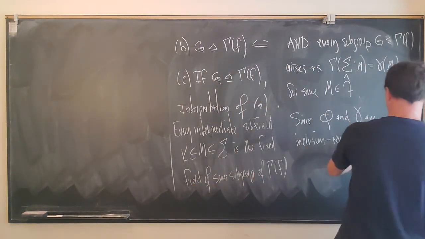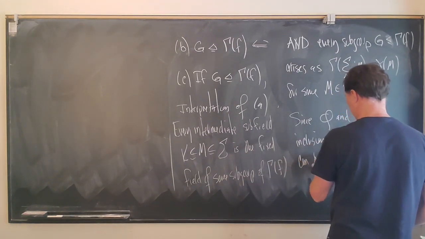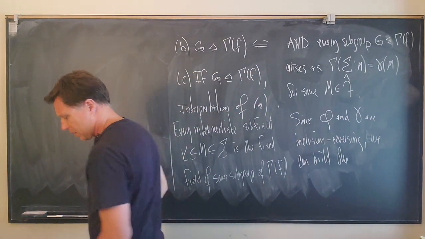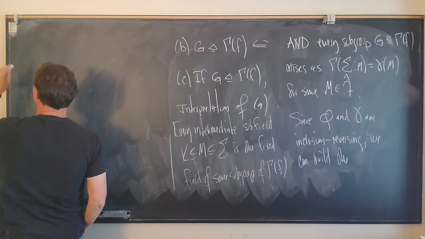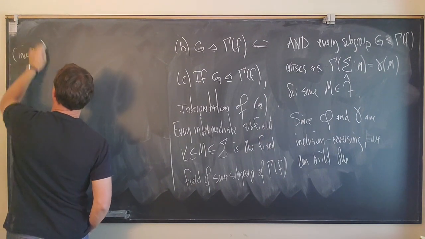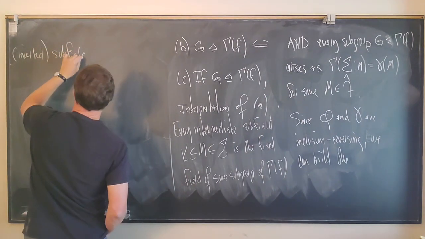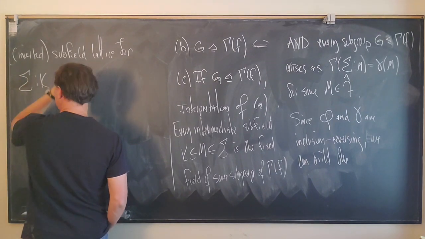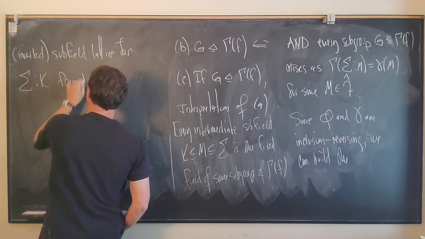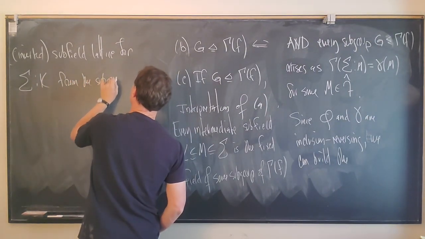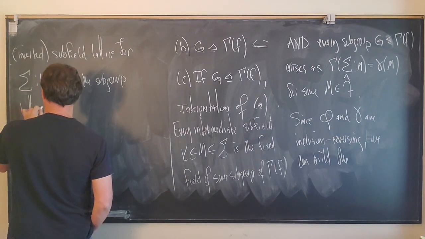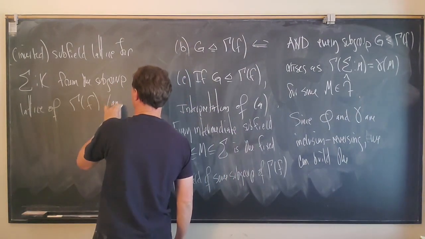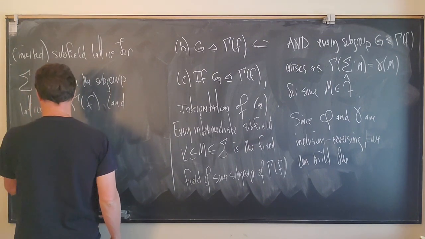We can build the inverted subfield lattice for the extension sigma over k from the subgroup lattice of gamma of f, and vice versa.